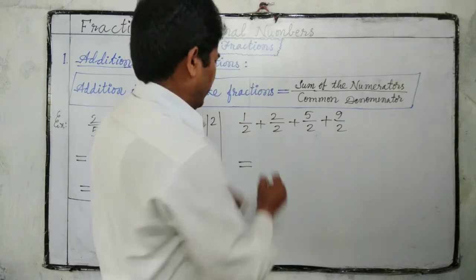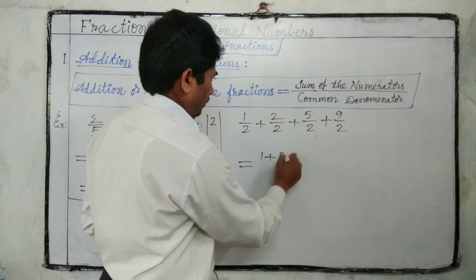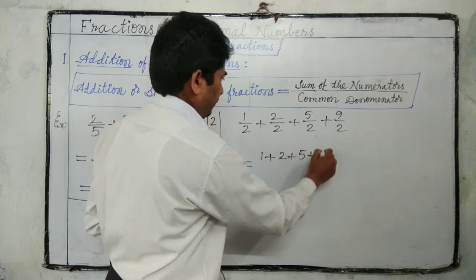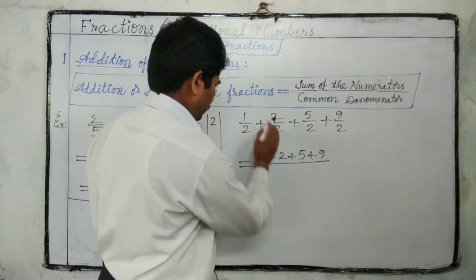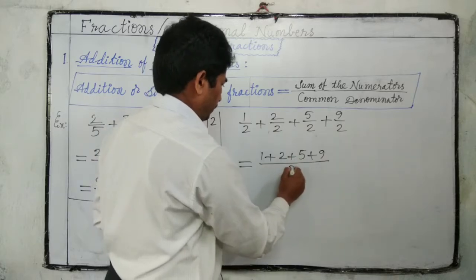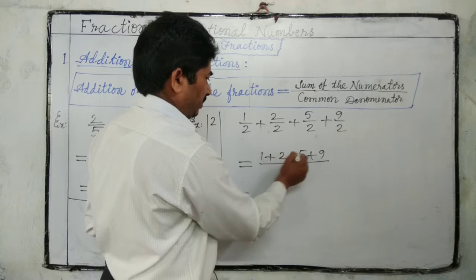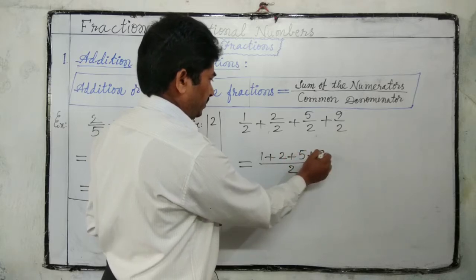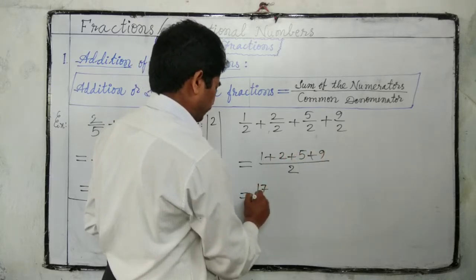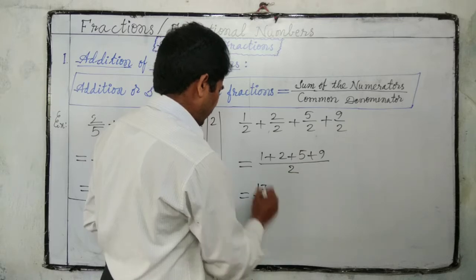Sum of the numerators, 1 plus 2 plus 5 plus 9 by 2. These are common. 1 plus 2, 3, 3 plus 5, 8, 8 plus 9, 17. 17 by 2.